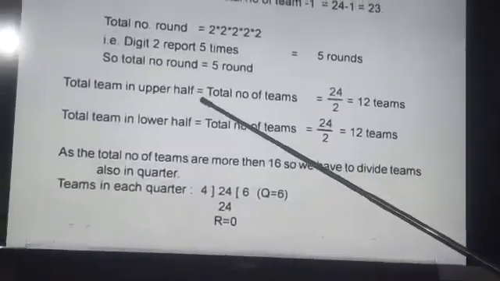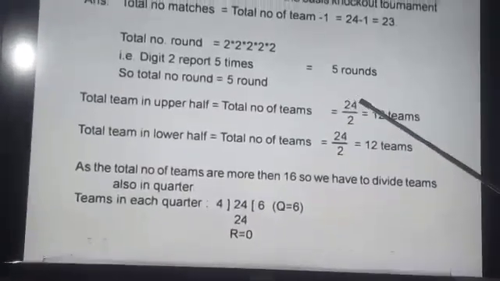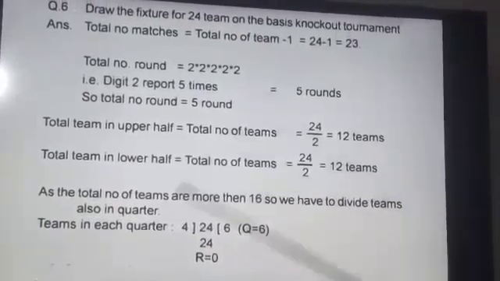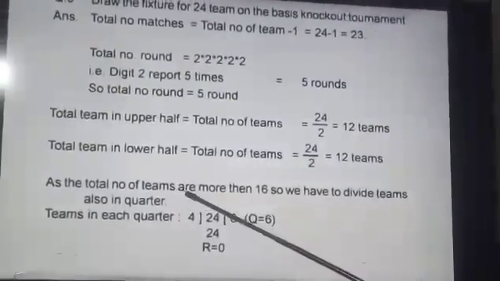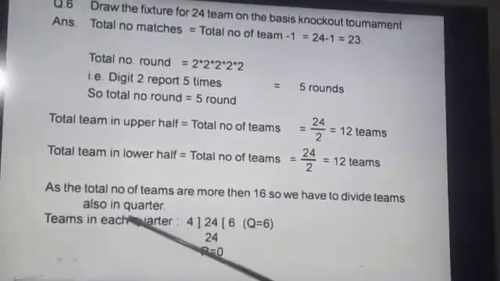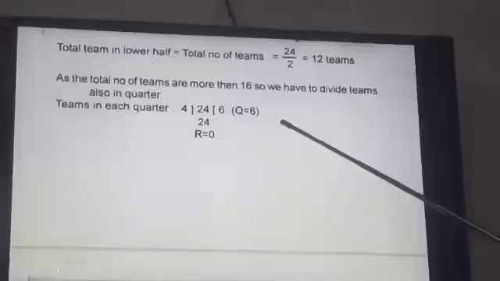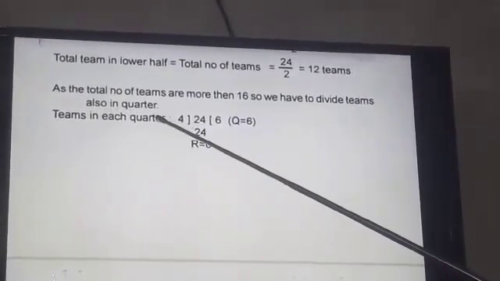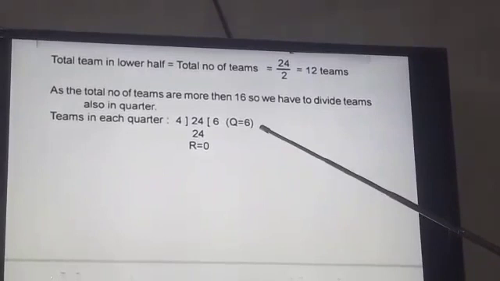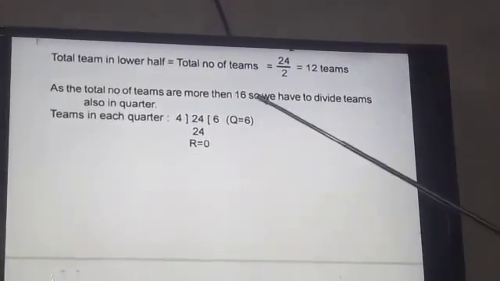Total teams in the upper half: total number of teams 24 by 2 is equal to 12. As the total number of teams is more than 16, we have to divide the teams also into quarters. Quarter: 24 divided by 4, 6 in each: 6, 6, 6, 6, 24.